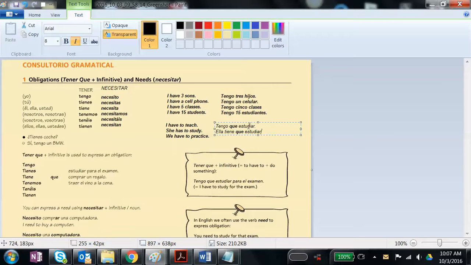Oh, this should be enseñar, because I said to teach. Enseñar, estudiar.